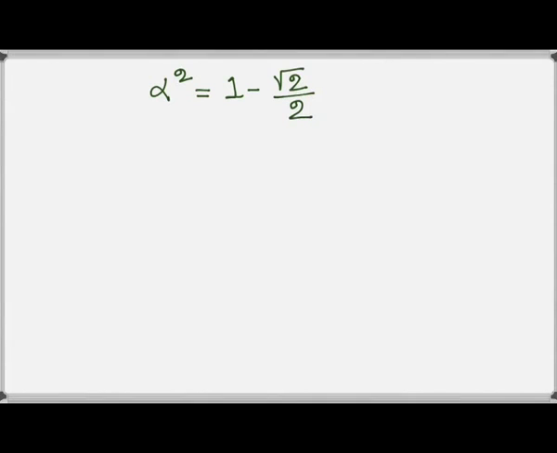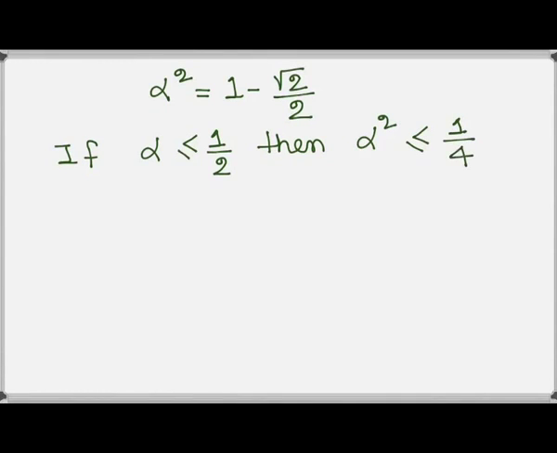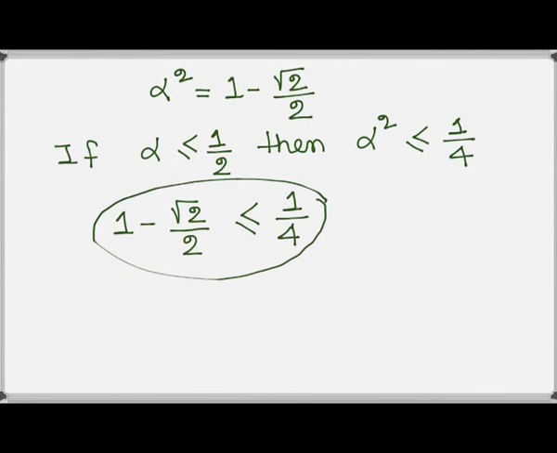divided by 2. Now, if alpha is less than or equal to half, then alpha square is less than or equal to 1 by 4. Therefore, we get 1 minus square root of 2 divided by 2 is less than or equal to 1 by 4. And from here we obtain that 3 by 4 is less than or equal to square root of 2 divided by 2.